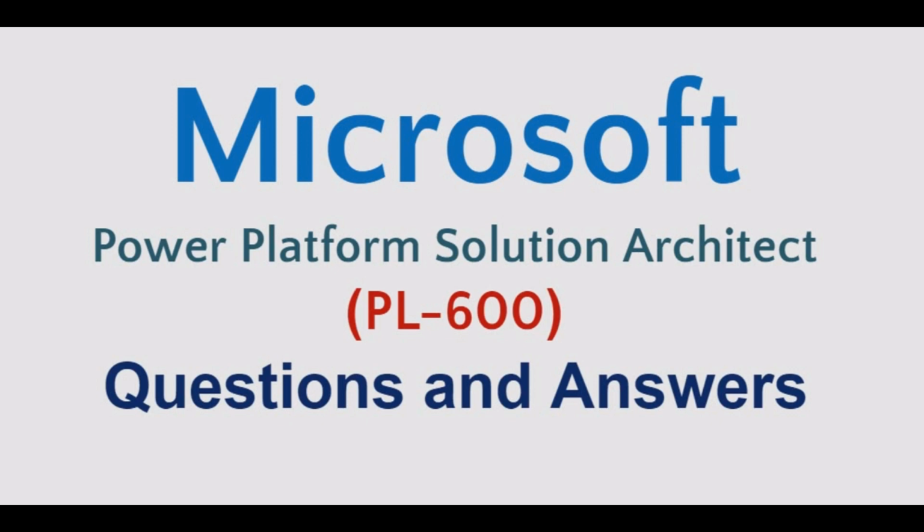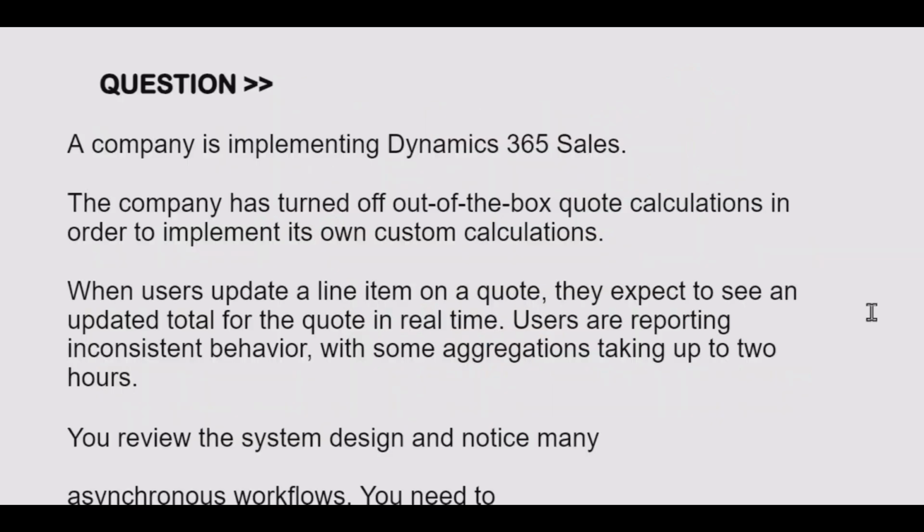The question is, a company is implementing Dynamics 365 Sales. The company has turned off out-of-the-box quote calculations in order to implement its own custom calculations. When users update a line item on the quote, they expect to see an updated total for the quote in real time.